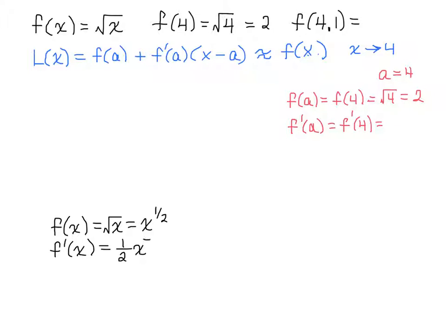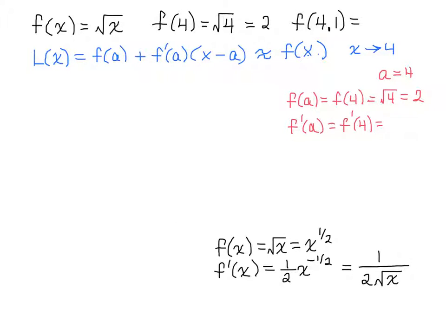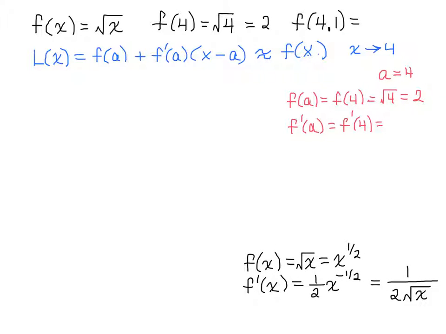So it's a negative 1/2. Now let's simplify this. This is 1 over 2, that's the 1/2, and x to the negative 1/2 means it belongs in the denominator. So x to the 1/2 goes in the denominator, and 1/2 means square root. So there we have it. That's f prime of x, 1 over 2 radical x.